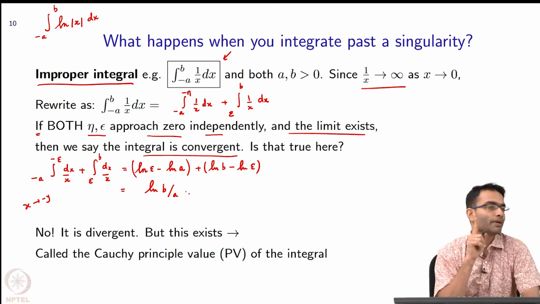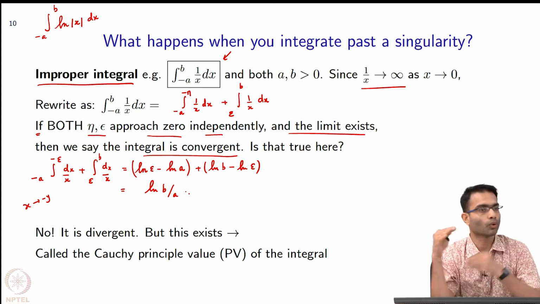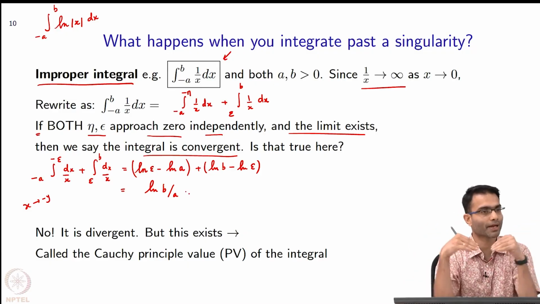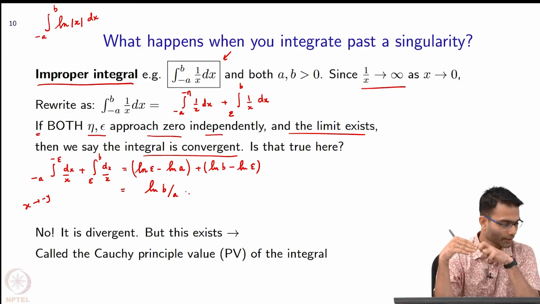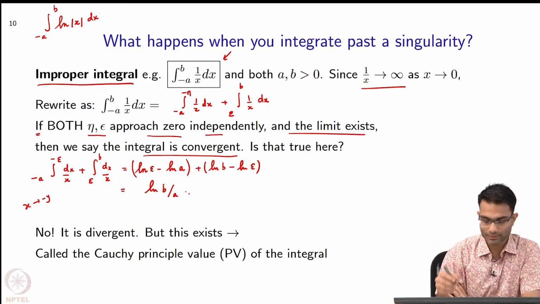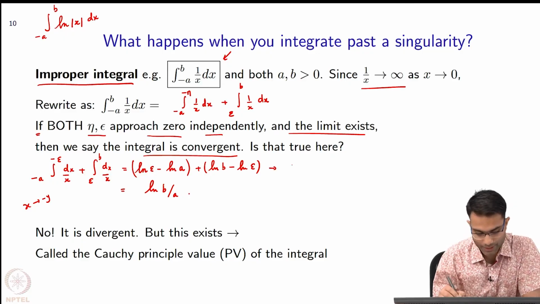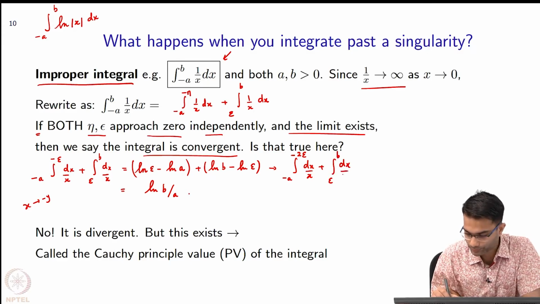So, it seems that this integral exists, but what happened? First thing I did is I made eta equal to epsilon. If I make eta equal to epsilon, both are going to 0 at the same rate, because they are identical variables. Now, supposing I played a little bit of a trick. Let me instead do this as minus a to minus 2 epsilon, dx by x, plus epsilon to b, dx by x.